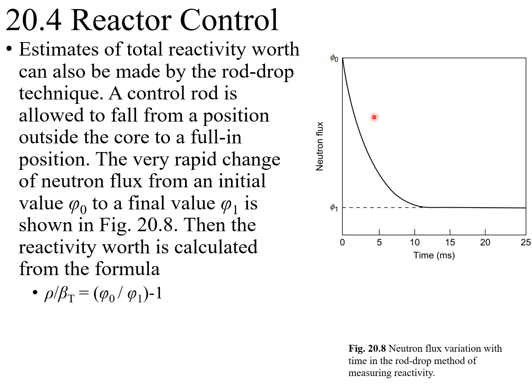Okay. And by measuring this phi_0 and phi_1, we can calculate the reactivity worth of this rod using this formula. So rho over beta is equal to phi_0 over phi_1 minus 1.